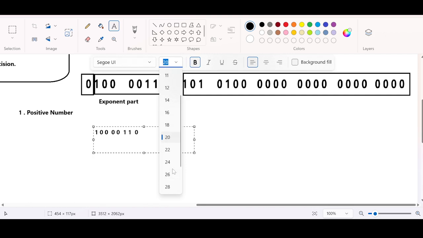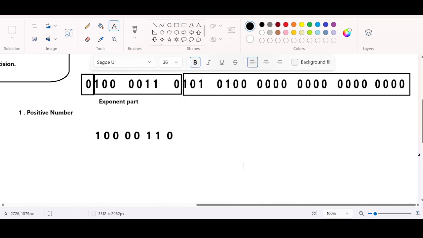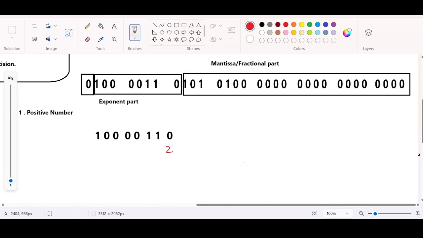Raise the powers. You will just raise the powers. Focus here: 2 to the power of 0, 2 to the power of 1, 2 to the power of 2, 2 to the power of 3, 2 to the power of 4, 2 to the power of 5, 2 to the power of 6, 2 to the power of 7.